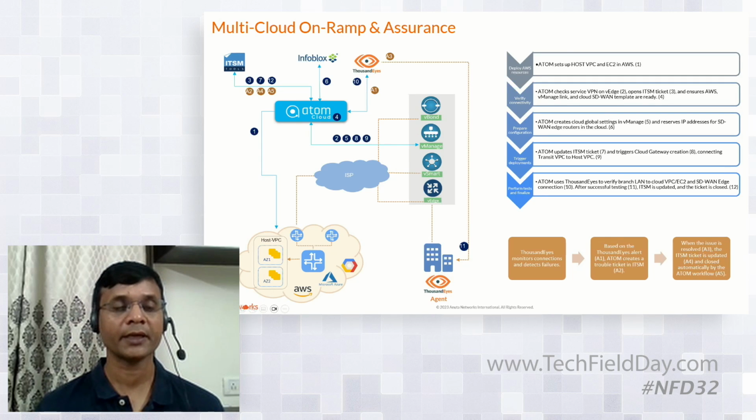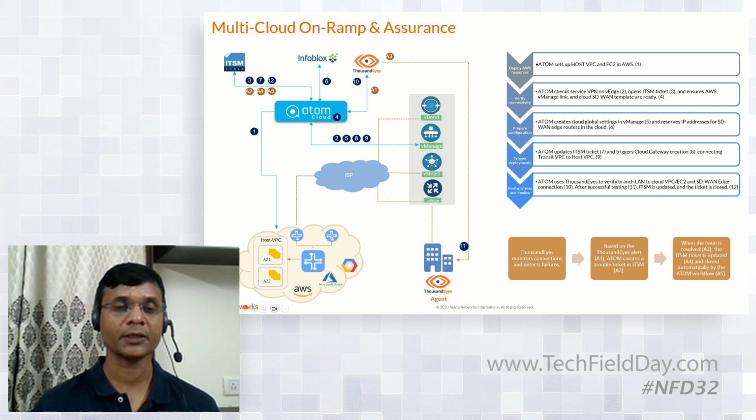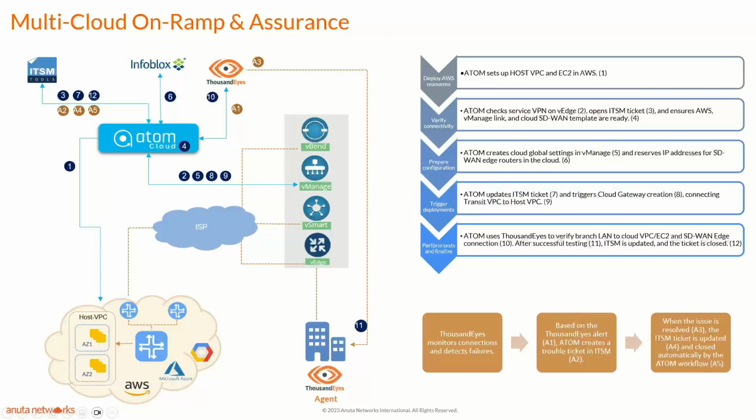Atom integrates with AWS and does the host VPC and workload deployments. Atom also integrates with the Cisco DNA controller to provision the branch and establish the connectivity all the way from the branch to the workloads in AWS. In addition, Atom also integrates with ThousandEyes. The ThousandEyes agents in the branch monitor the connectivity from the branch to the AWS cloud.